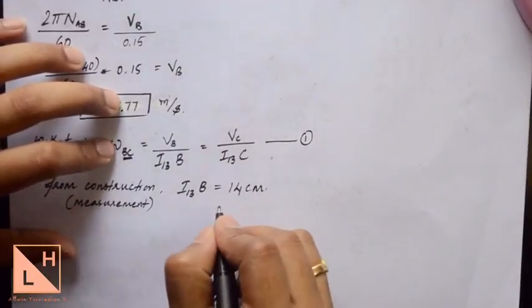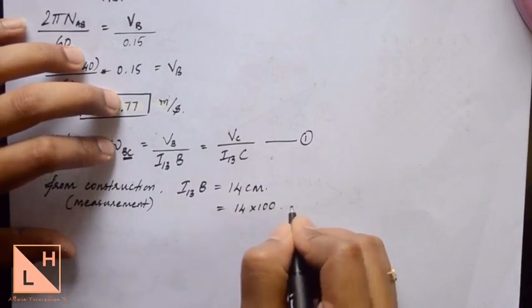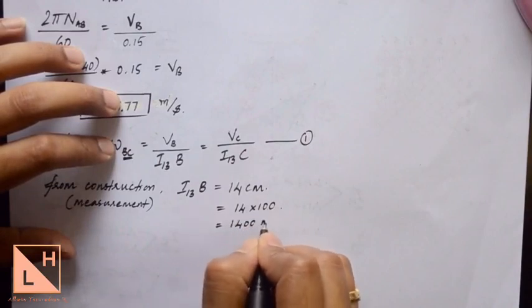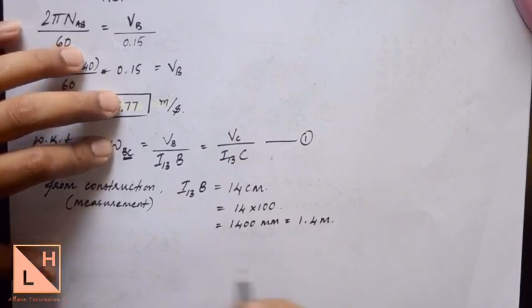And the scale that we have taken here is 1 centimeter as 100 mm. So just multiply this by 100 millimeters. So I13B will be taken as 1400 millimeters. In meters, it's going to be written as 1.4 meter.